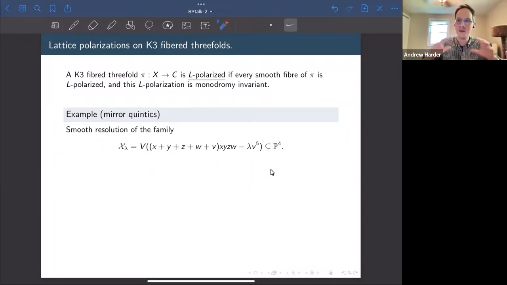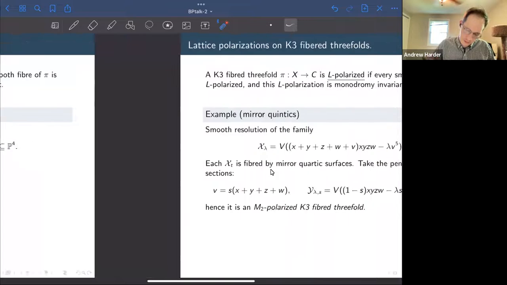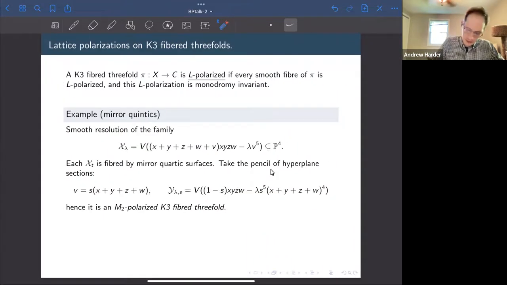These are things that should appear in mirror symmetry as the mirrors to hypersurfaces in Pn. But anyway, if you take a smooth resolution of this family, this is the vanishing locus of this equation here, then each of these fibers, for each lambda, is fibred by mirror quartic surfaces.